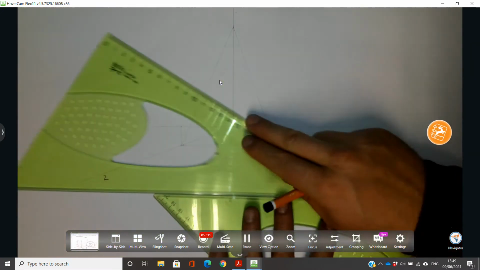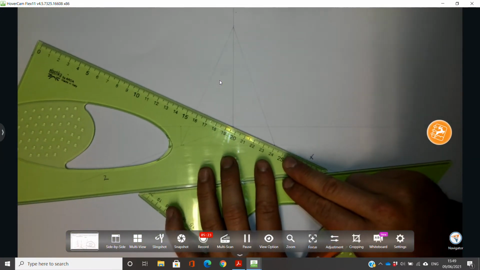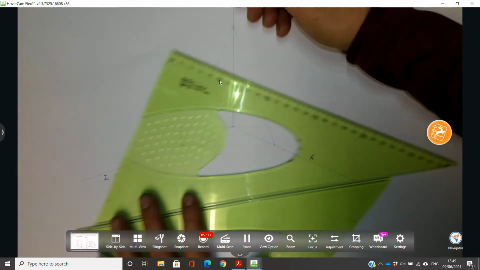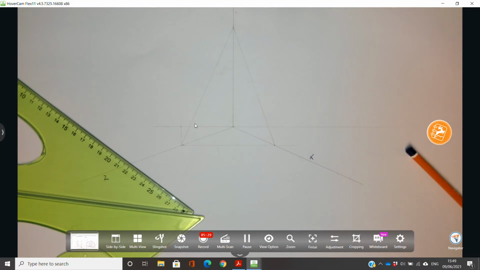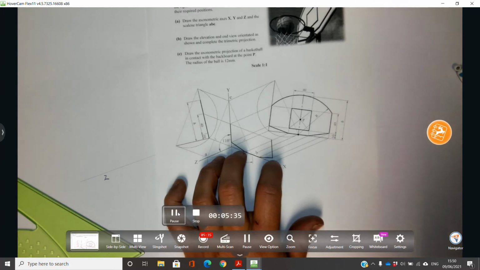I lined my set square up with the x-axis, slid it on at point A, and drew in the line until it touches the y-axis, that's point C. Now, I'm ready to do part B.